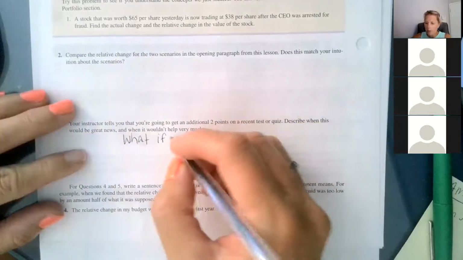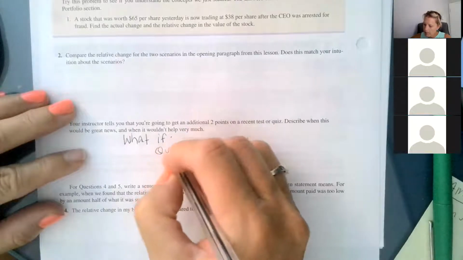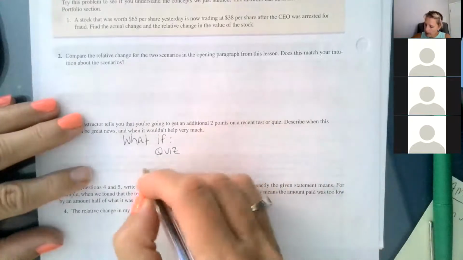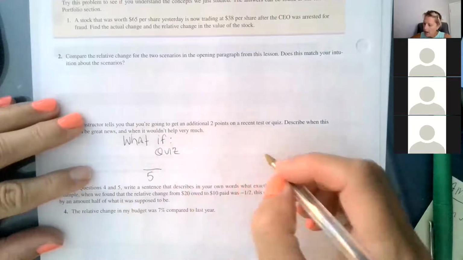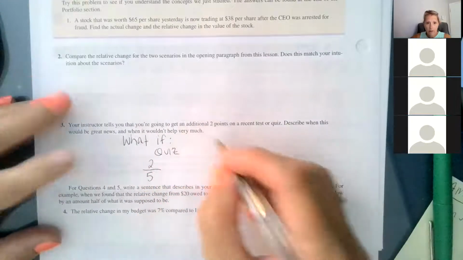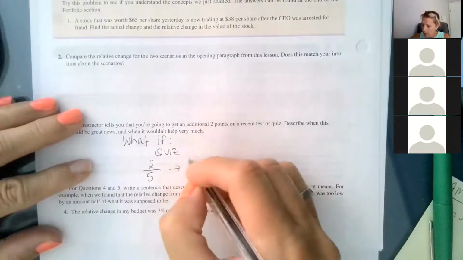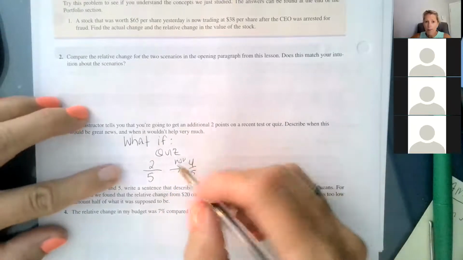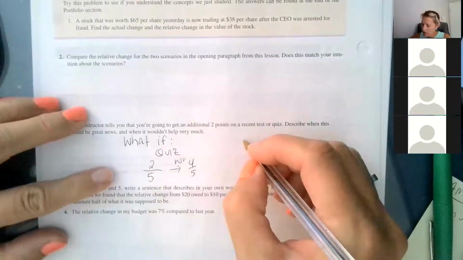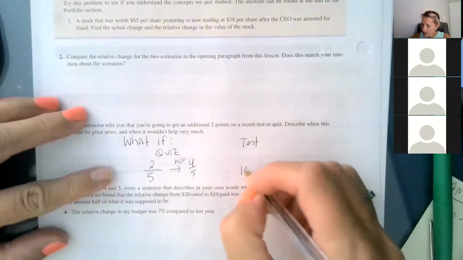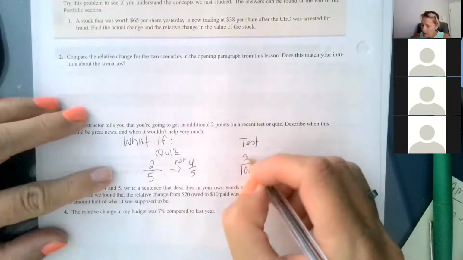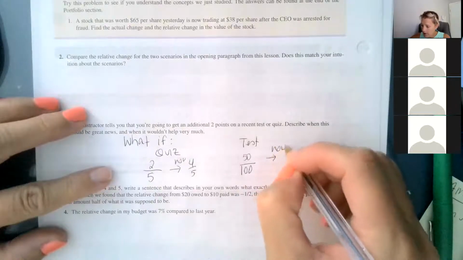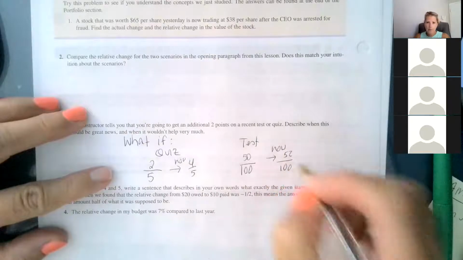Okay, so I'm gonna propose, what if there was a quiz, and the quiz was out of 5 points. And I earned 2, and the teacher gave me 2, so now I have 4 out of 5. Would that help me more overall, compared to a test where there were 100 points and I had a 50 and they gave me 2 points, so now I have a 52 out of 100?